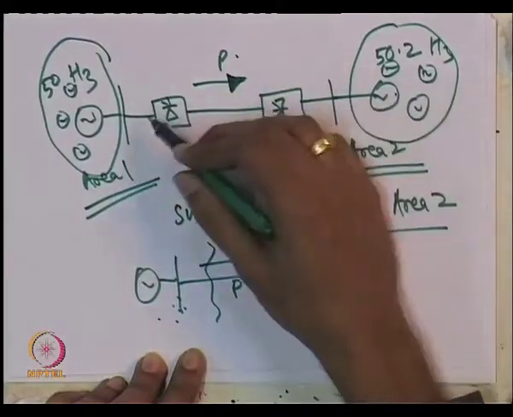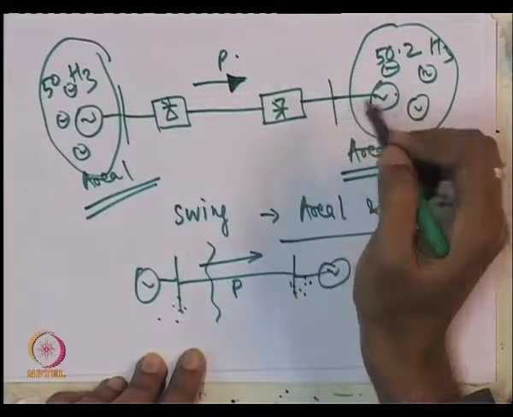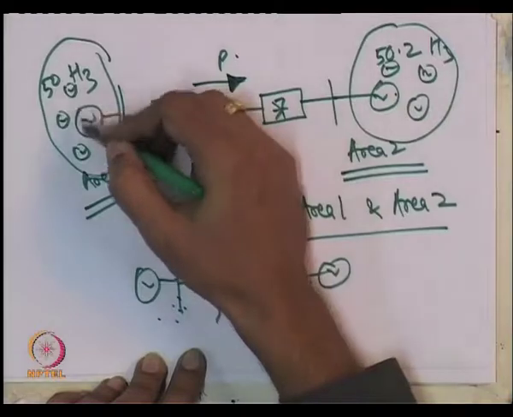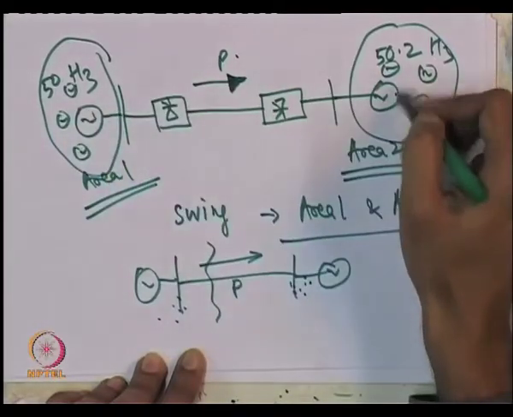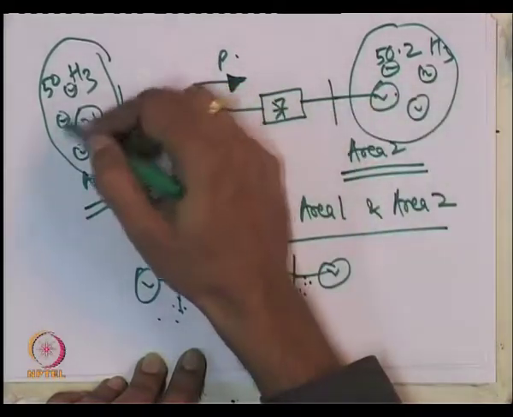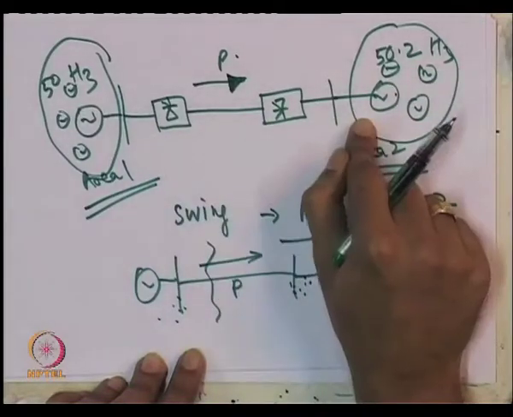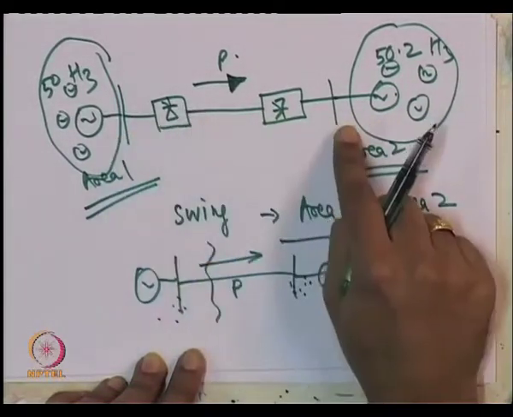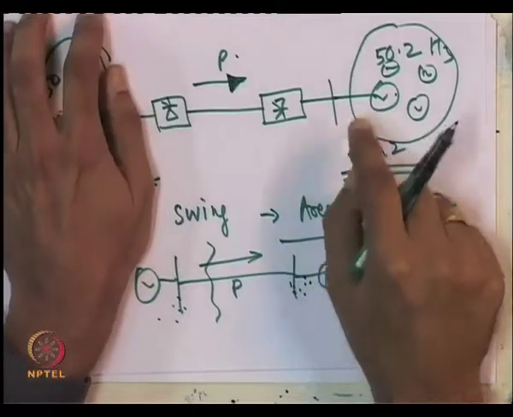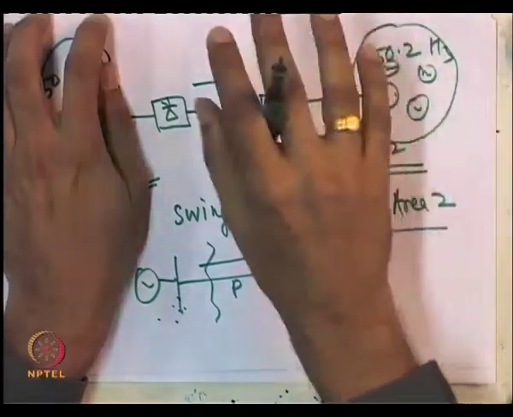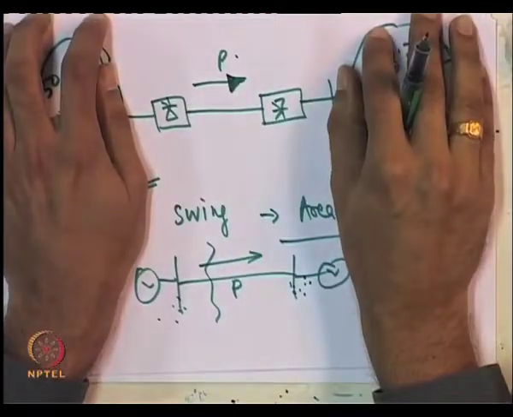The HVDC link could, but it is not very obvious. The point which I want to make here is that you can have oscillations between machines within an area, okay. But if you got an asynchronous link, the problem is irrelevant as far as relative motion between the machines in one area swinging against the machines in the other area.